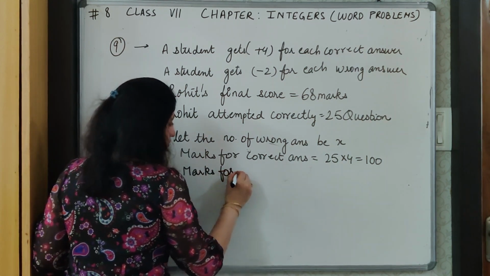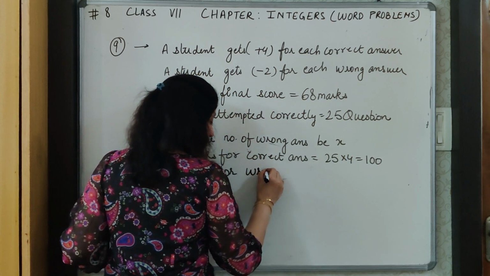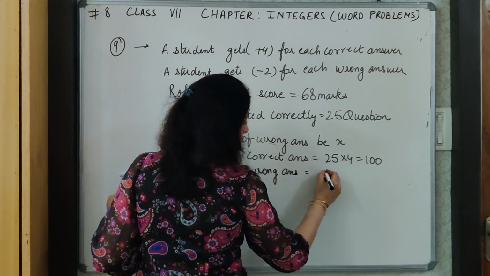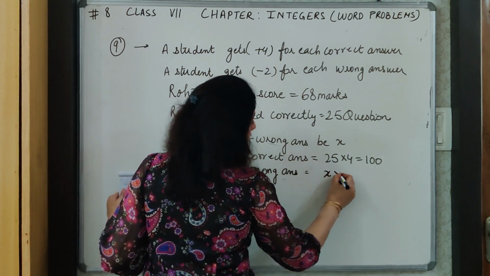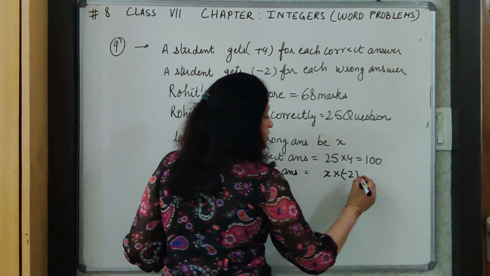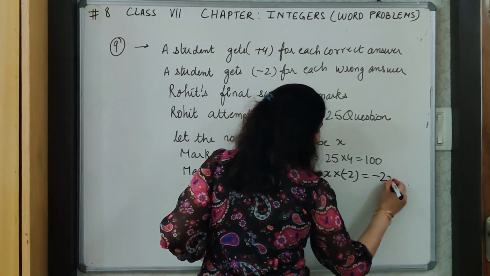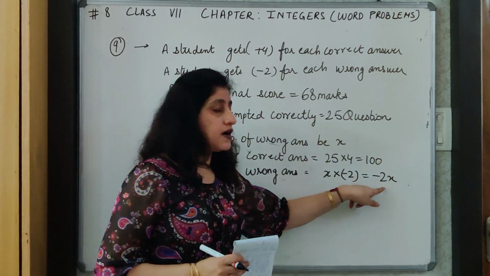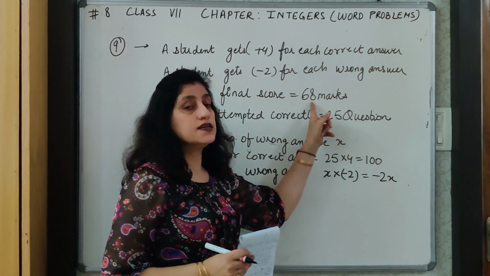Now marks for wrong answers is x answers multiplied by -2 for each wrong answer, which gives me -2x. These are the marks for correct, these are the marks for wrong, and total marks are 68.